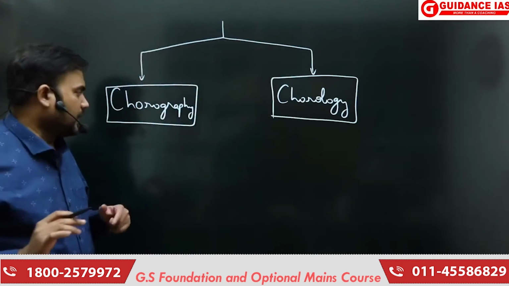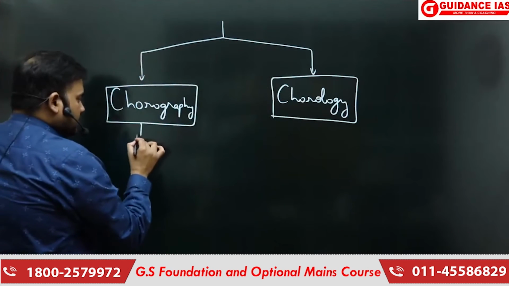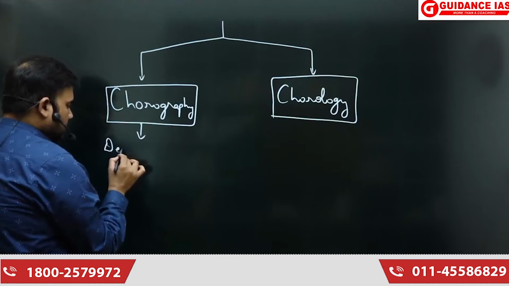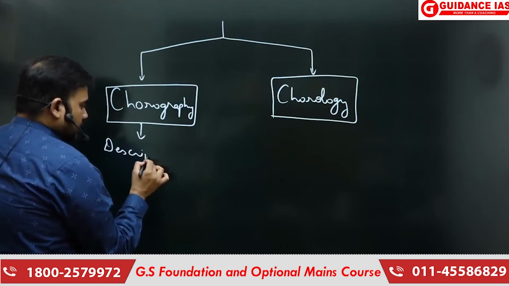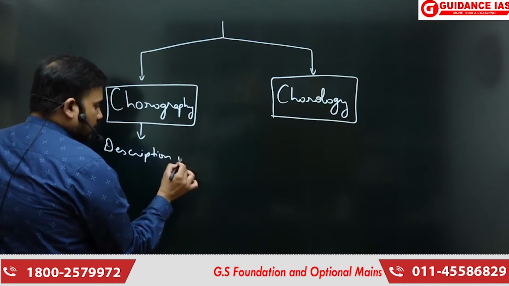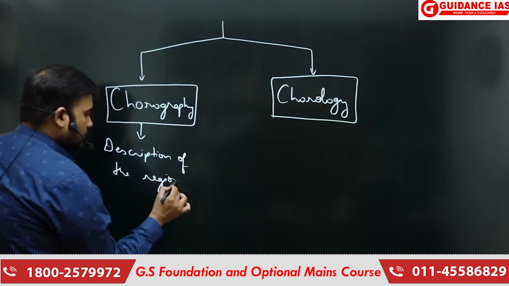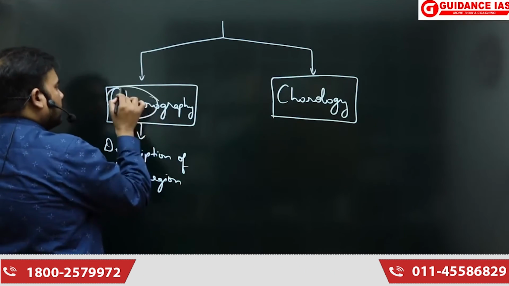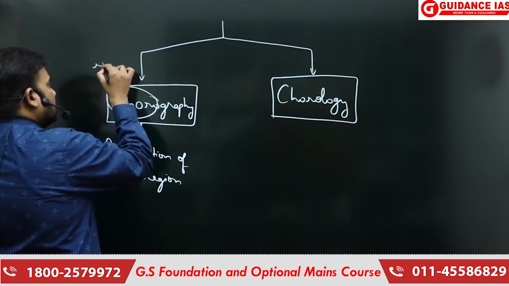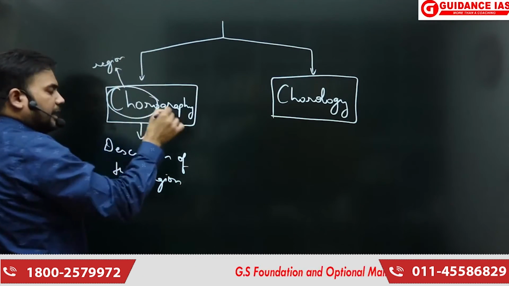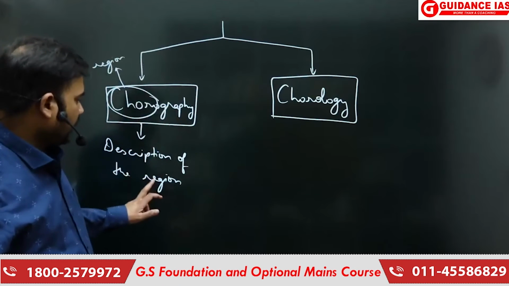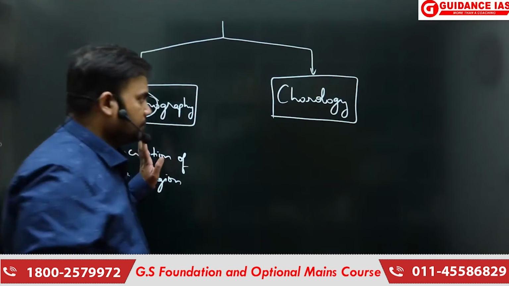Chorography and chorology. Now tell me, chorography is essentially what? It is the description of the region. So here, what does choro mean? Choro is region and graphy is description. So chorography means description of the region.